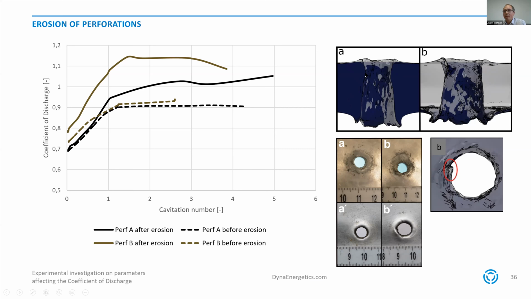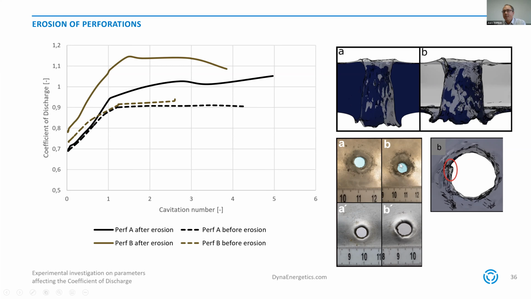For this charge A, we can see that the diameter of the perforation really has not changed. So this increase in coefficient of discharge is only caused by this change of the inlet geometry. For the second charge, also the diameter has not significantly changed, and mainly the inlet geometry was changed, but also some small edges on the perforation, they were taken away.